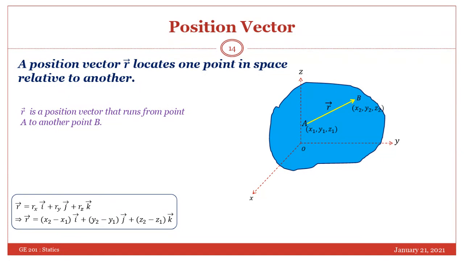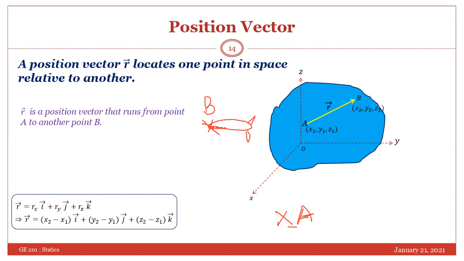For example, if an aircraft is flying in the air, and say you are standing here, you are locating the aircraft nose from your location.